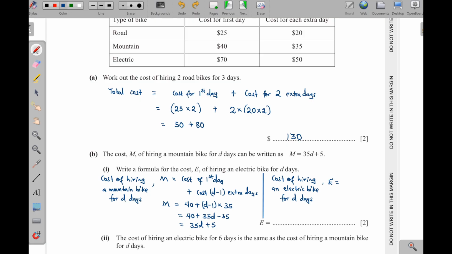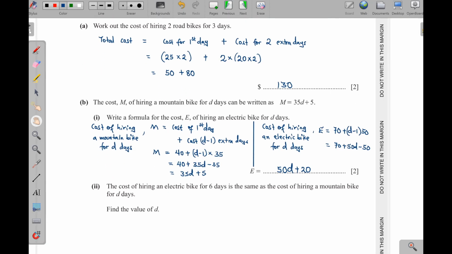Okay, the cost of the first day is 70 here, then plus we have D minus 1, then for extra is 50. So this will be 70, then plus 50D, then minus what? 50. So 70 minus 50, you get 20. Not so? So we shall get E is equal to 50D, then minus, it will be plus, so 70 minus 50 is a plus 20. So that is what we get there.